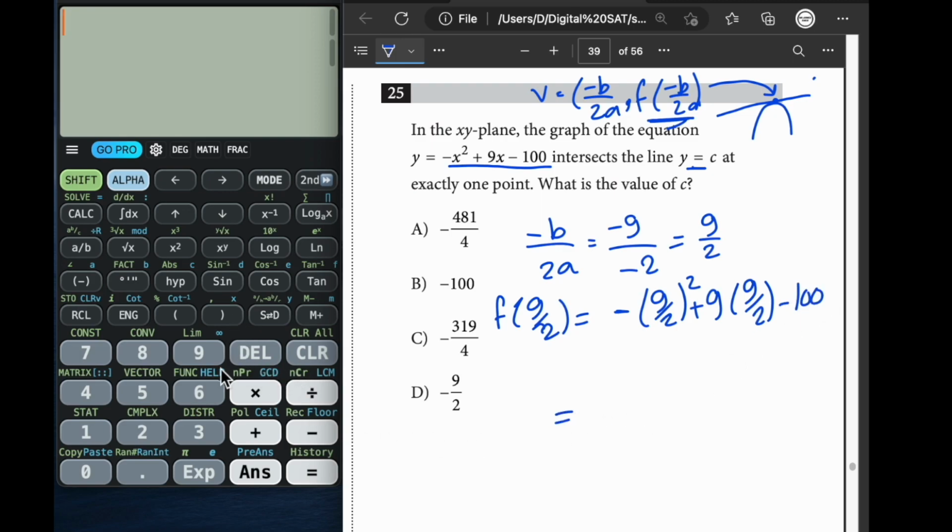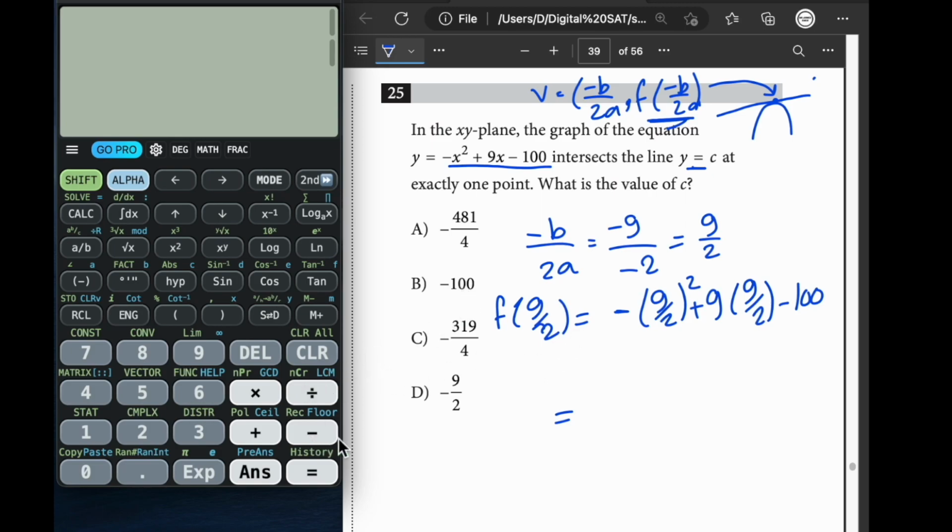Using the calculator, I repeat it again.